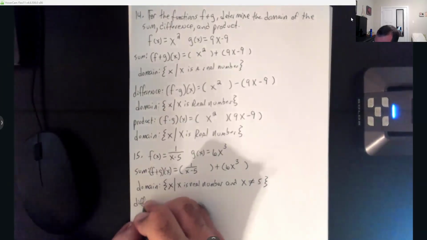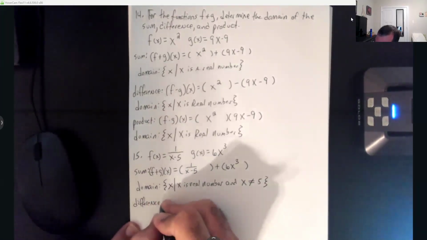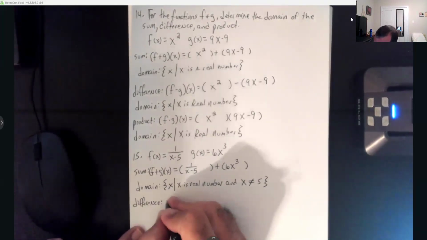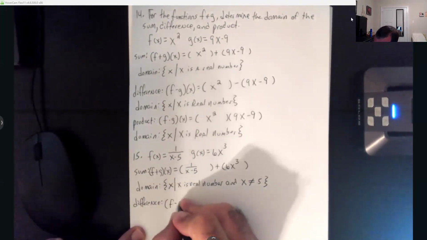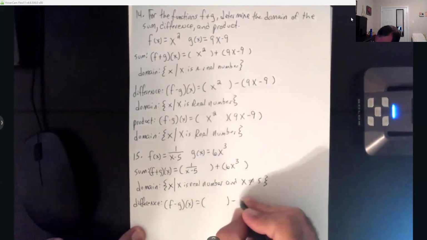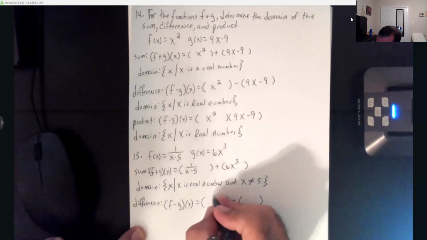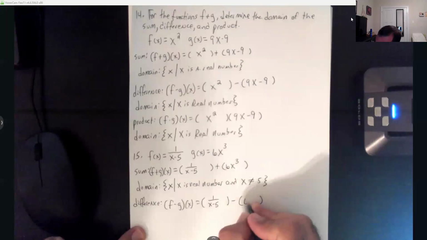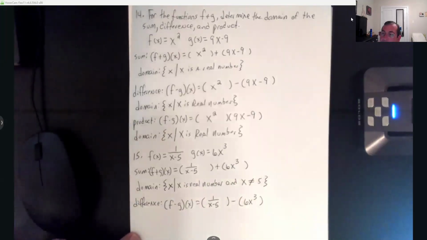All right, difference is next. But you're going to notice a little repetitious pattern here. So f minus g of x equals my f minus my g. So that's 1 over x minus 5 minus 6x to the third.